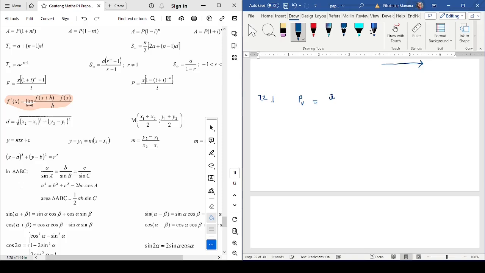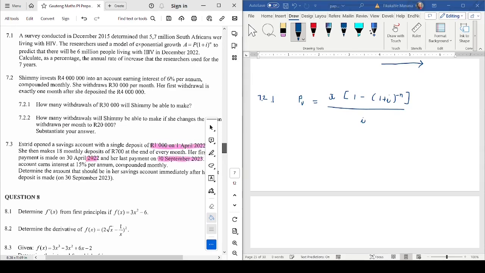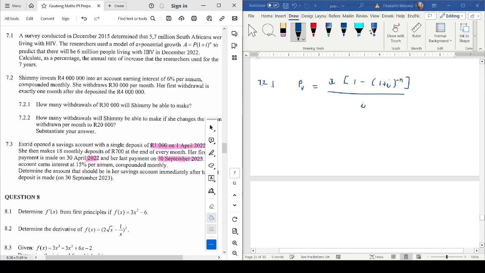So we have X, 1 minus (1 plus the interest) to the power negative n, and all of that is divided by i. Now let's go back and see the values again. I want to start with the present value.